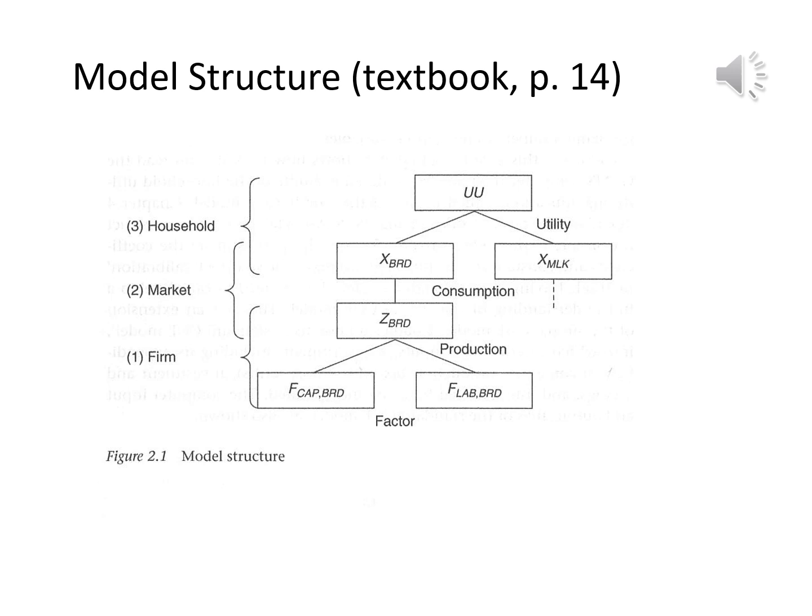And finally, at the top, we have households combining X, consumption of bread and consumption of milk, to get utility. You see these two boxes, XBRD and XMLK. Bread and milk consumption provide the household utility through what we call a utility function. All these lines connecting boxes are functions. Don't forget that. Each of these functions means some sort of a mathematical equation. And it's not just maths, it is based on economic theory.